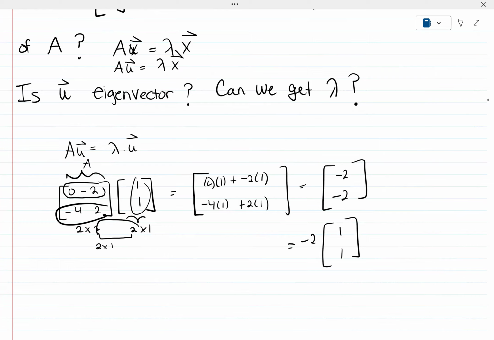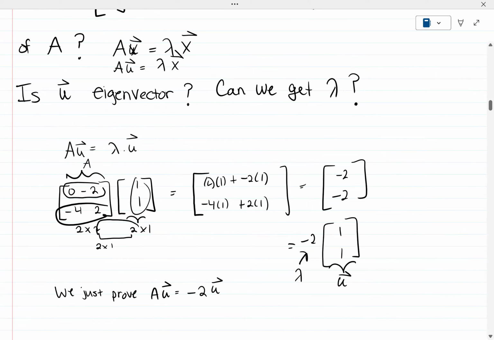So what we just proved is A times vector u is equal to negative 2 times vector u.